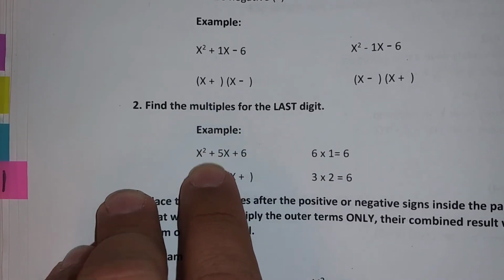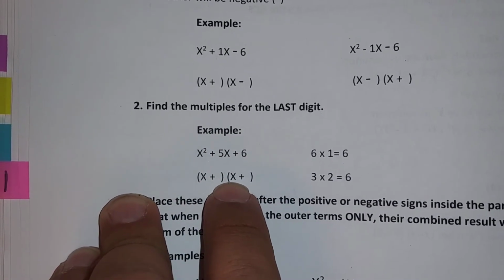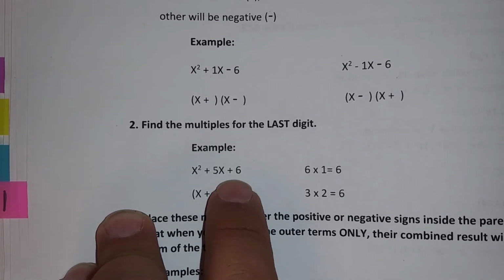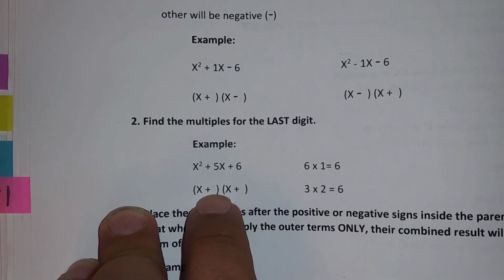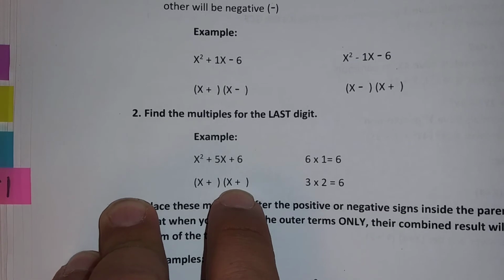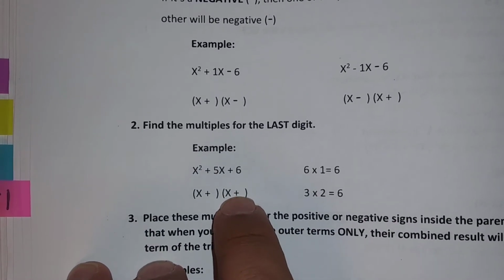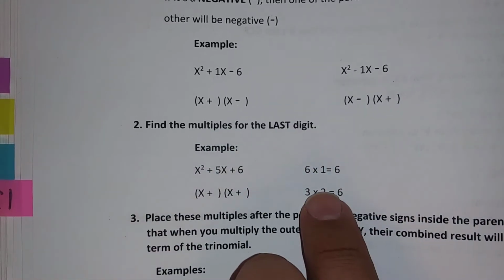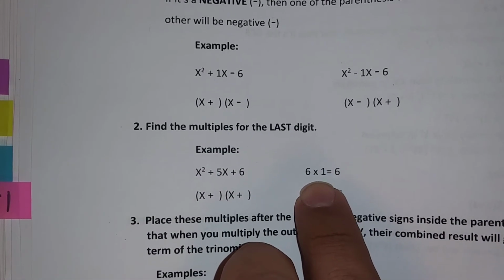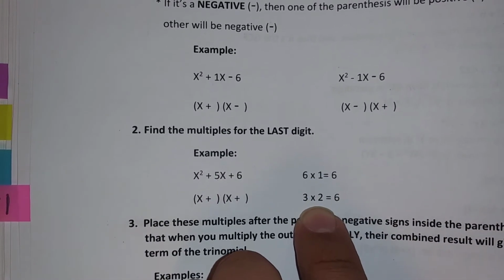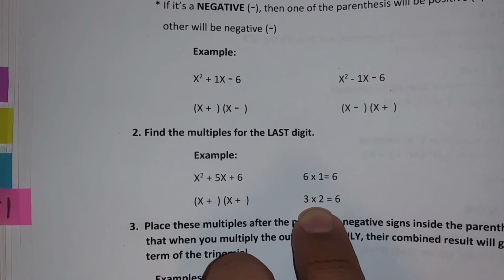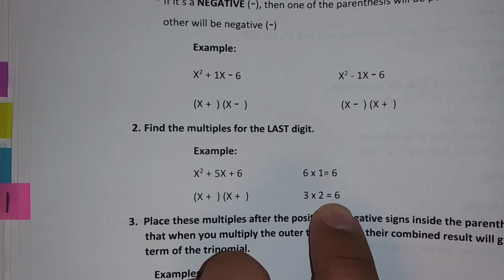If it was x to the fourth, it would be x to the second and x to the second. Now, in determining what number goes after the plus here and after the plus on this side, we have to look at the ways to multiply that number 6. So the way to multiply 6 would be 6 times 1, or another option is to go with 3 times 2 equals 6.